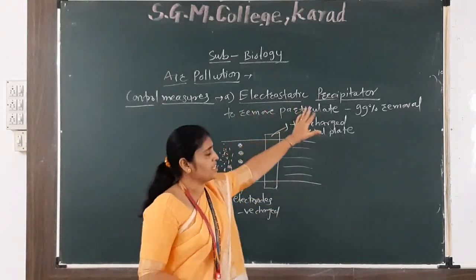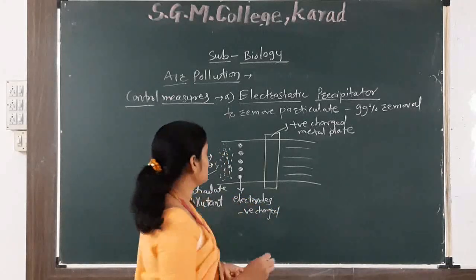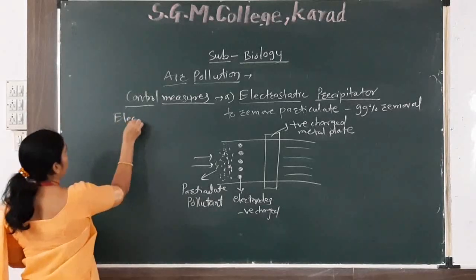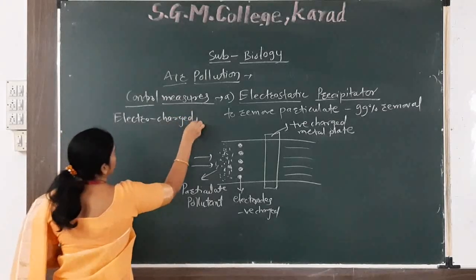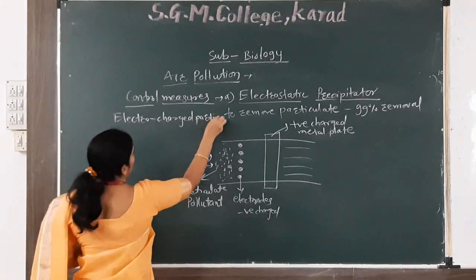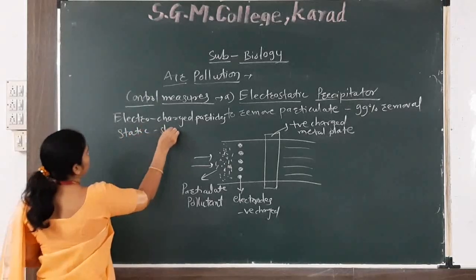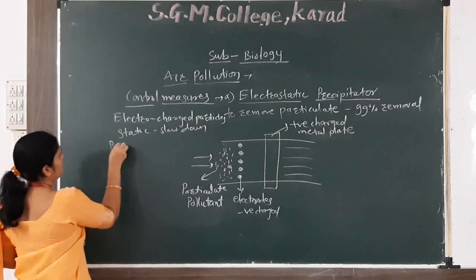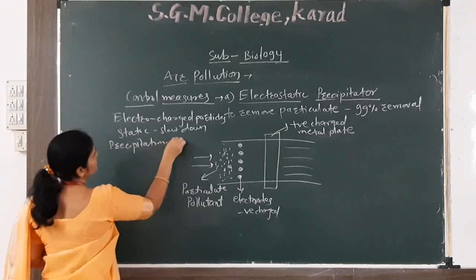In this word, electro means charged particles, static means slow down, and precipitation means solidification.